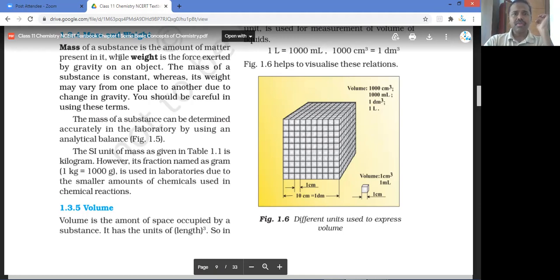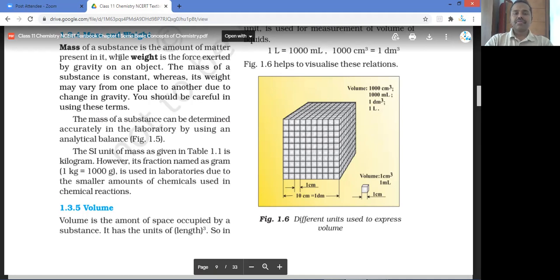And also in chemistry, we mostly deal with mass. In physics, we mostly deal with weight, because we will be dealing with kinetics, basically the movements. You will often see the weight taken into consideration, because all the forces are taken into account.